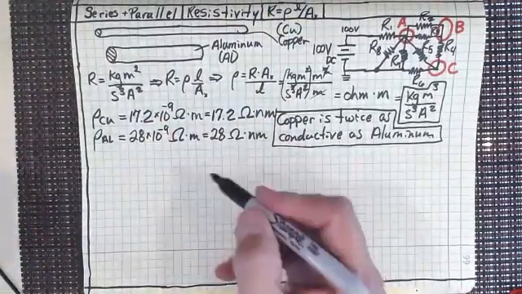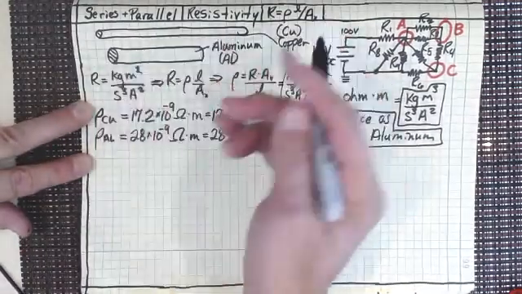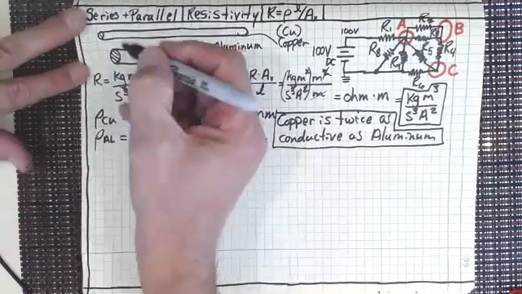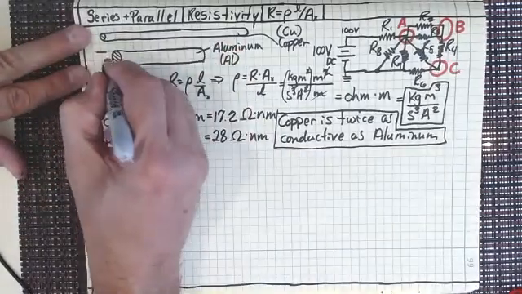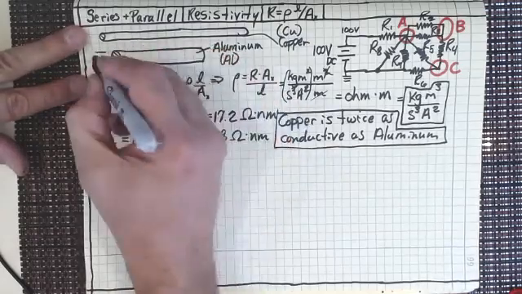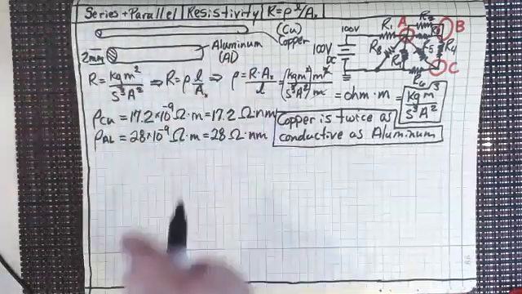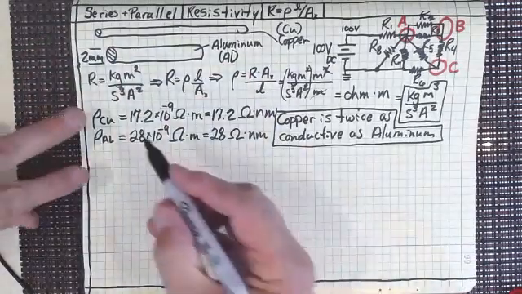So if I had this longer piece of aluminum, let's say that this is going to be 2 millimeters. So I've got a 1 millimeter radius, right?